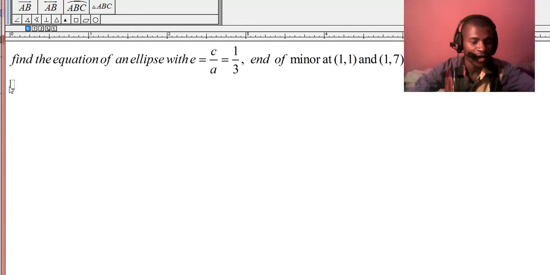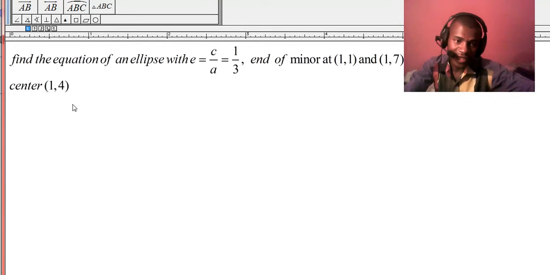And then now we have the center, which is given by the coordinates we got there: 1 on the x-axis and 4 on the y-axis.